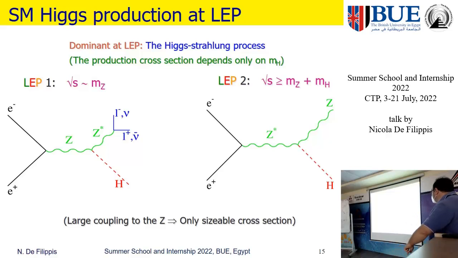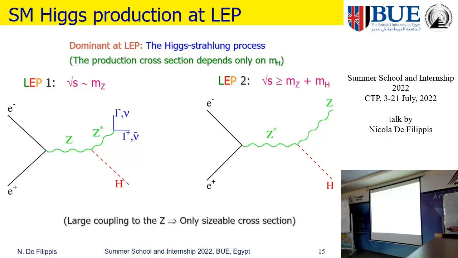And they were looking for the Higgs through what is called the Higgs-Strahlung process, which is like Bremsstrahlung, but with the difference that it's not a photon radiated by an electron, but a Higgs boson radiated by a Z. That's why it's called Higgs-Strahlung.